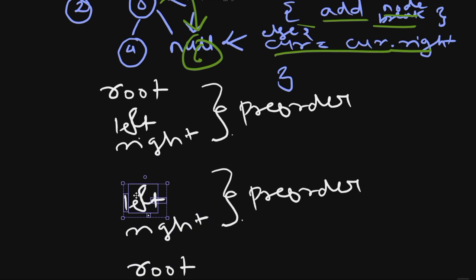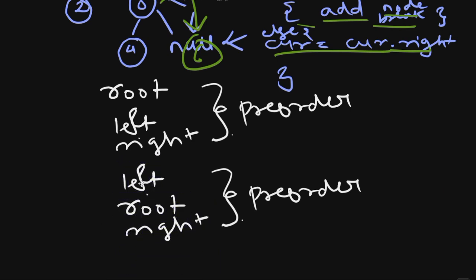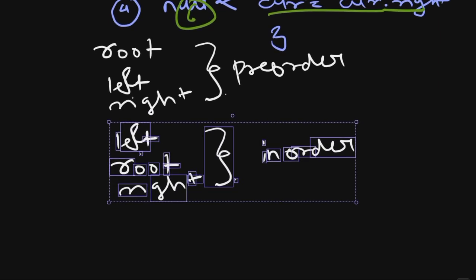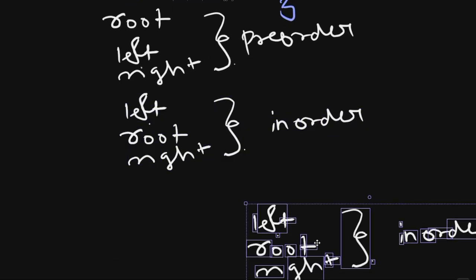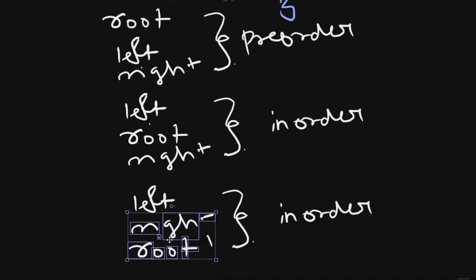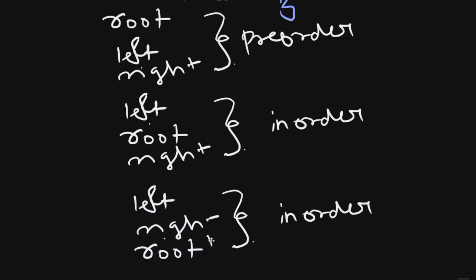First left, then root, then right. It is called in order. And then we have post order. In this, root will be traversed at the last. First left, then right, then root.